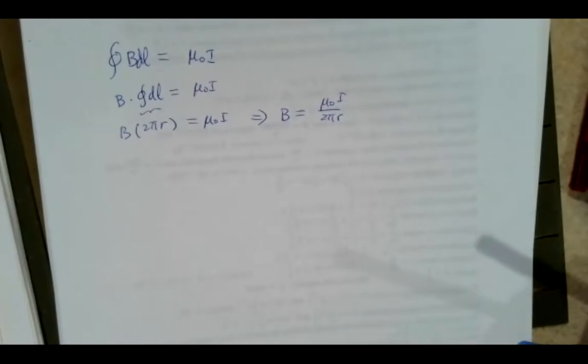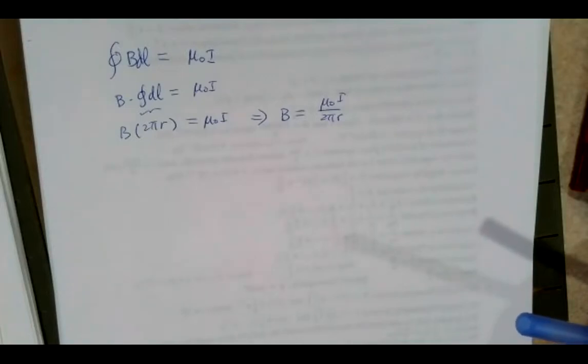It gives you the result pretty handily, right? This is the same as what we got quite a few slides back. So if you have a current carrying wire, there are a couple of ways you can do it.